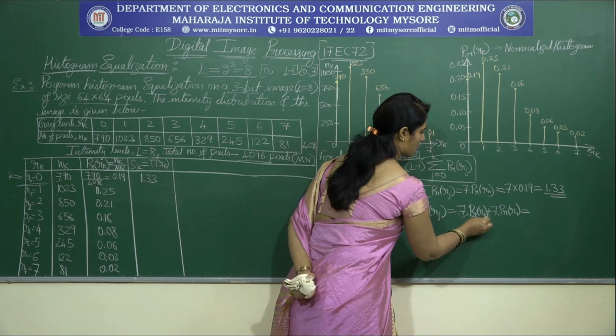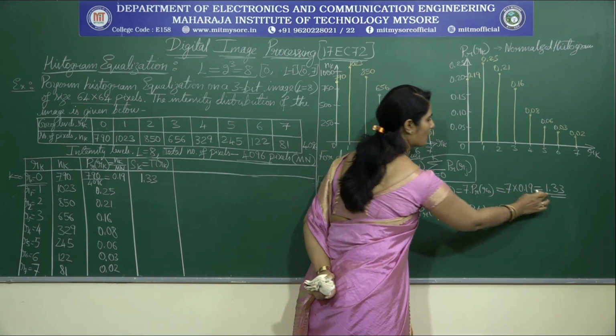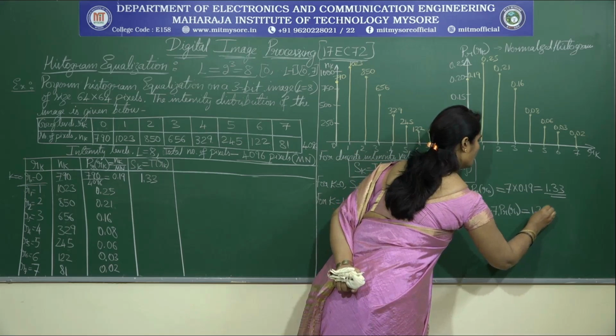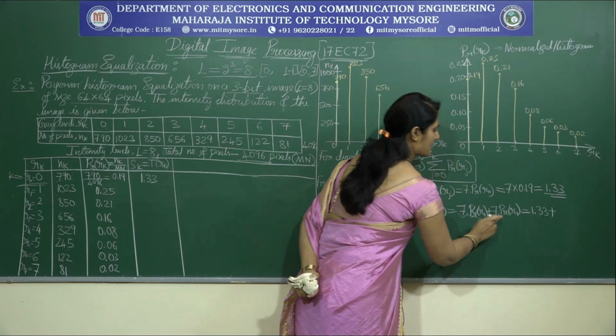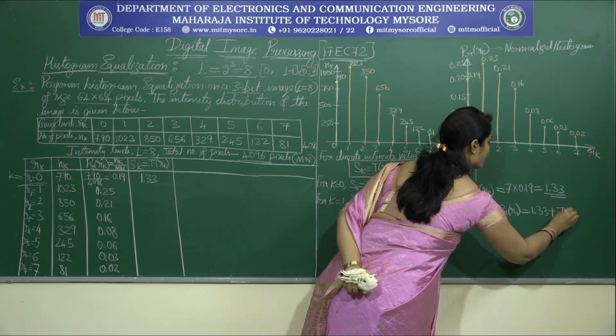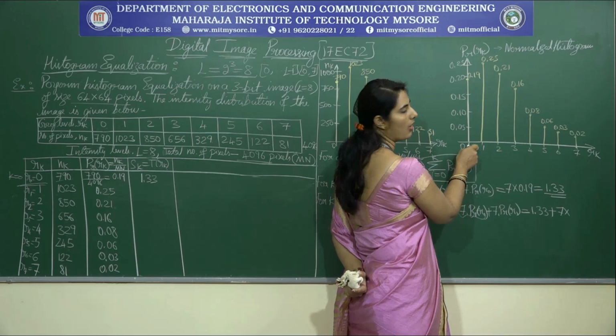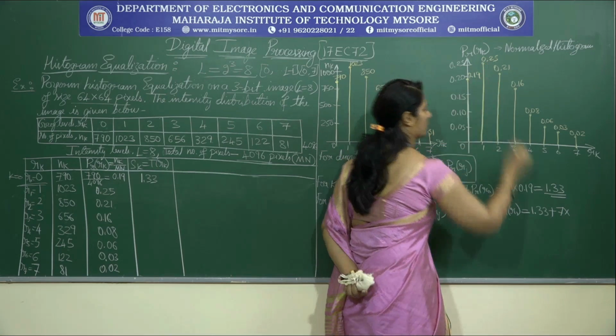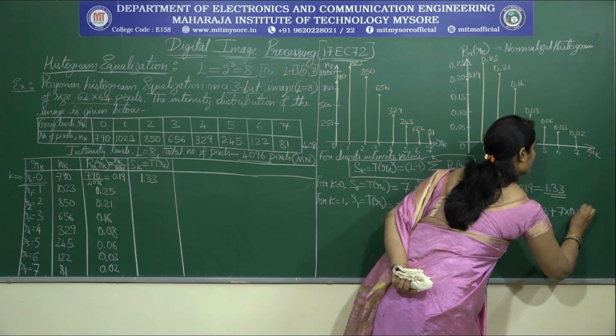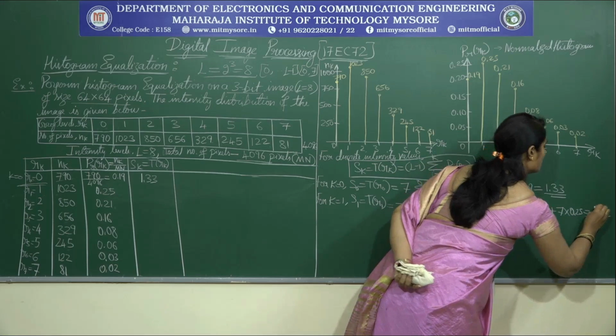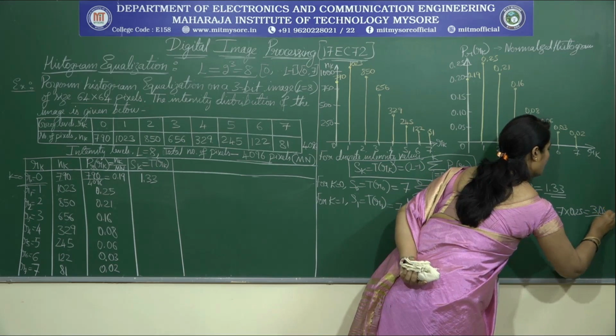Anyway, we know this value. 7 into PR of R0 is 1.33. 1.33 plus 7 into PR of R1. Probability density function of R1 is 0.25, which is equal to 3.08.